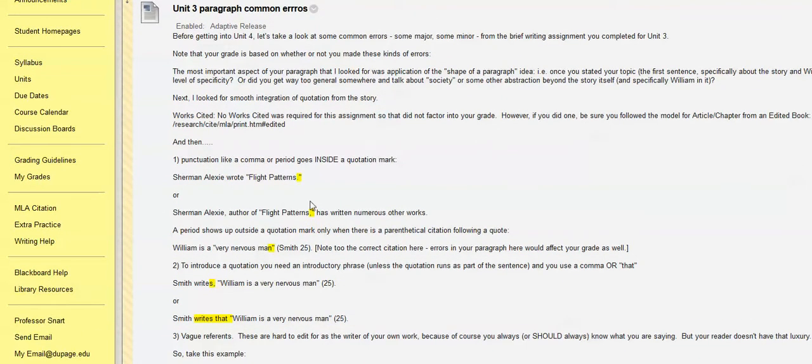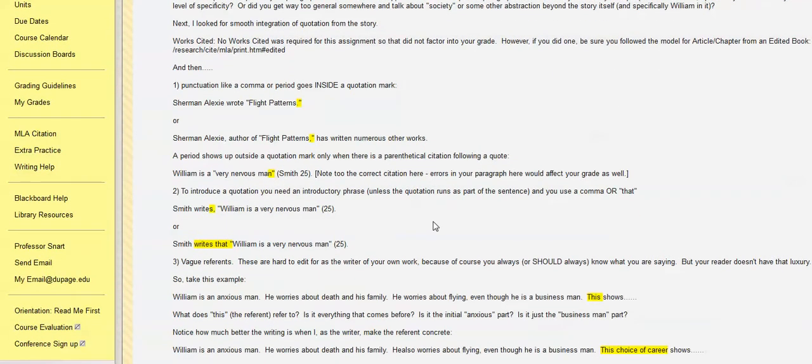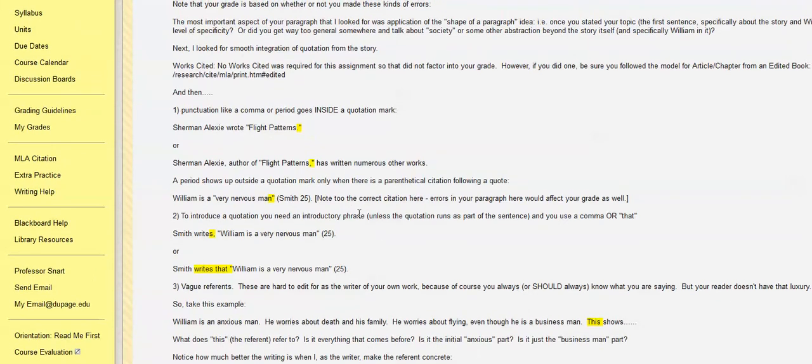So these are fairly minor ones, like punctuation, citation issues. I noticed a lot of people had, instead of like here you'd have like Alexie and then the page number, they had that comma in there. Hardly a big deal, but it's something that we want to flag right now, early on, so that you can do it correctly when it really matters in the essays.